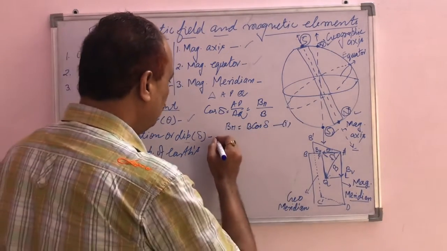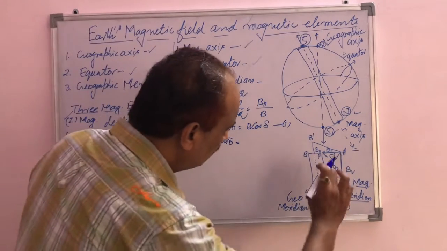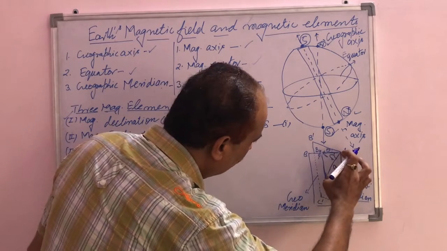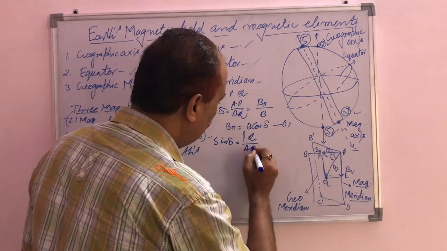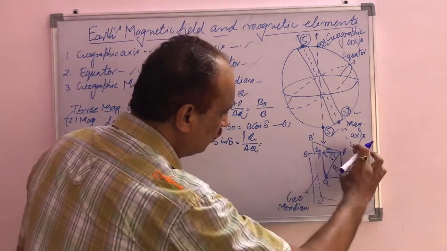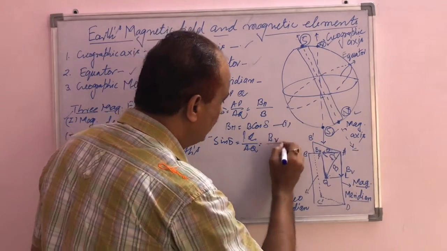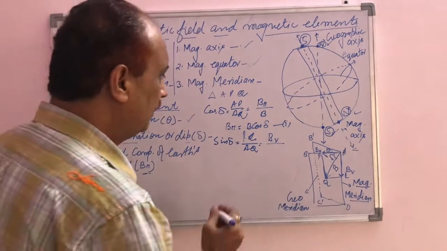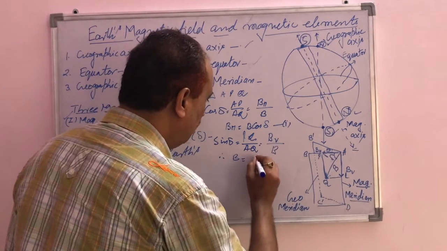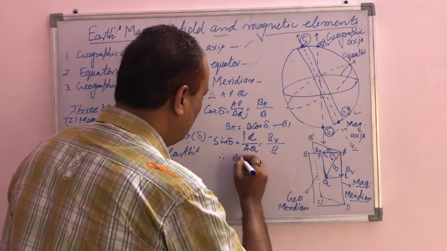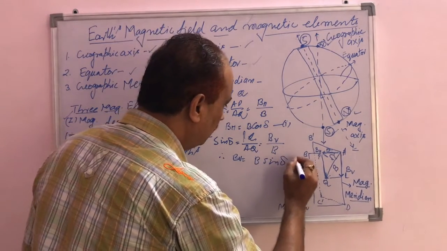Similarly, we can find sin delta in the same triangle, that is the perpendicular PQ upon the hypotenuse AQ, which is BV, the vertical component of the Earth's magnetic field, divided by B. So BV is equal to B sin delta, equation number 2.